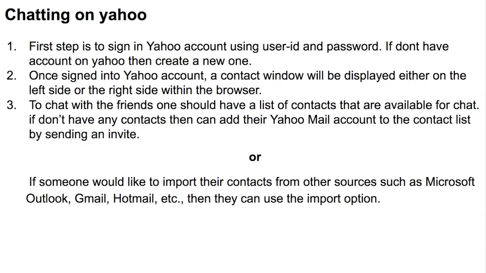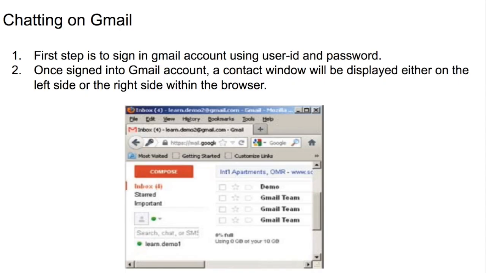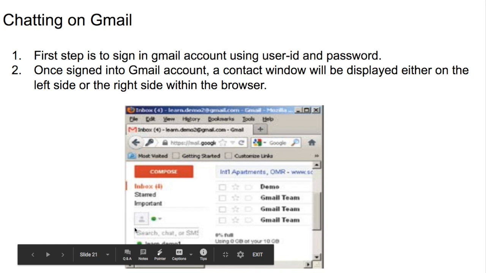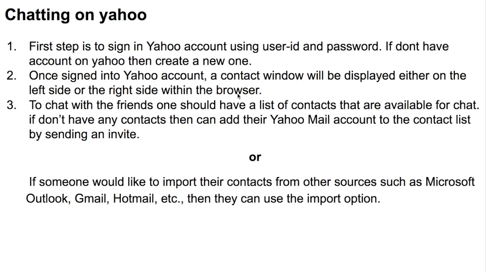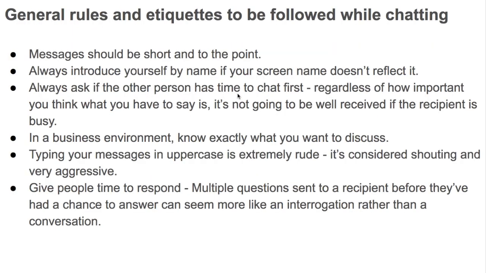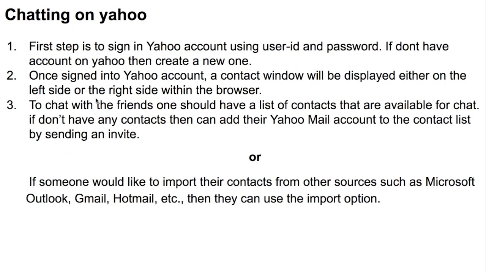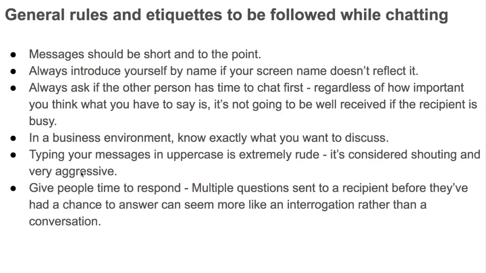After that you can send the message. So chatting on Gmail and chatting on Yahoo are similar. The dashboards will be similar. Here, instead of Gmail you will get Yahoo, and Yahoo also has a green sign. By double tapping on the green sign, you will find a chat box like this, and then you can start your chatting. These two are simply the same, just the third point is different, so just go through this.